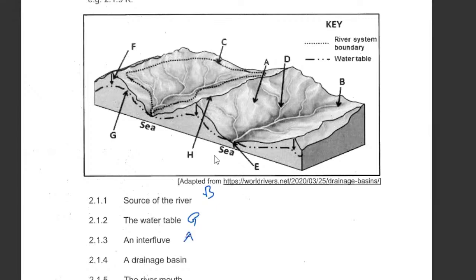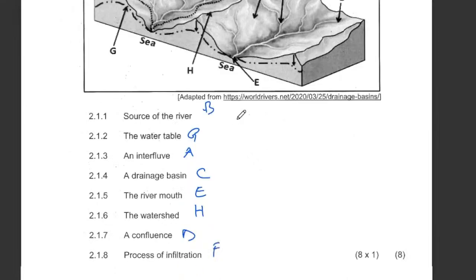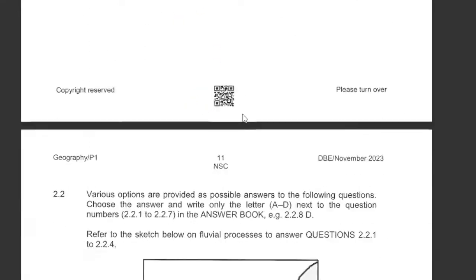It becomes A. The drainage basin is C. Then the river mouth is E. Watershed is H. Confluence is D. Infiltration is F.